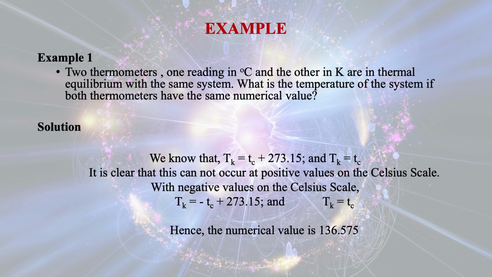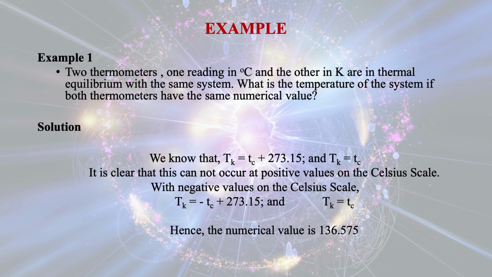Now it is clear that this cannot occur at positive values on the Celsius scale, because if Tc is positive, then Tk is equal to Tc plus 273.15, and this equation will not give you the correct answer for the given problem. It is clear that this cannot occur at positive values on the Celsius scale.